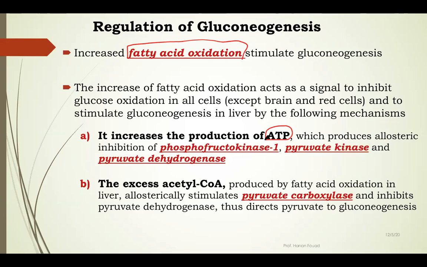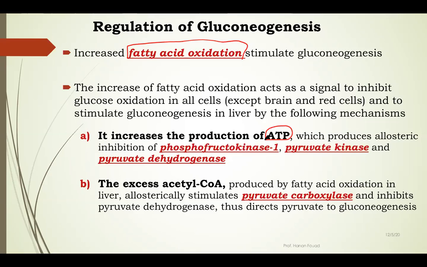If you study glycolysis or citric acid cycle, you find that elevated level of adenosine triphosphate leads to inhibition of glucose oxidation, leads to inhibition of glycolysis and citric acid cycle. Because if I have high level of adenosine triphosphate, this means that the body does not need energy.